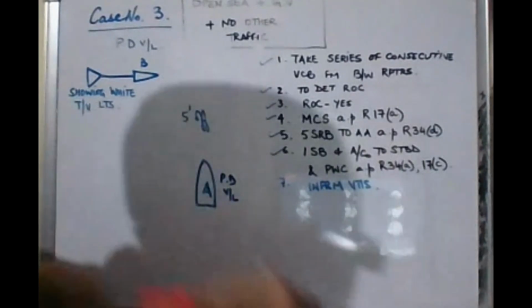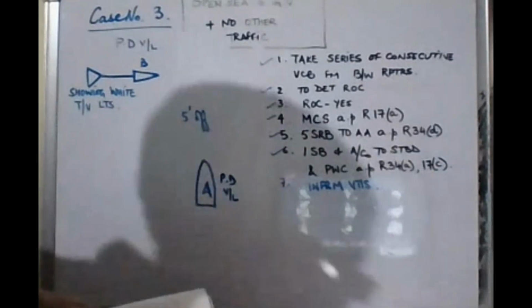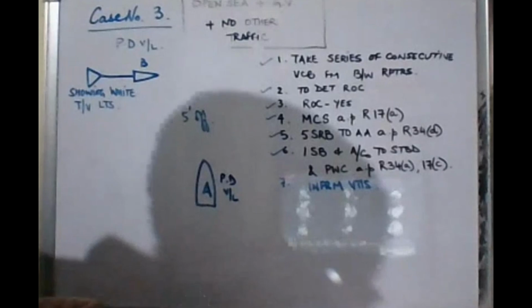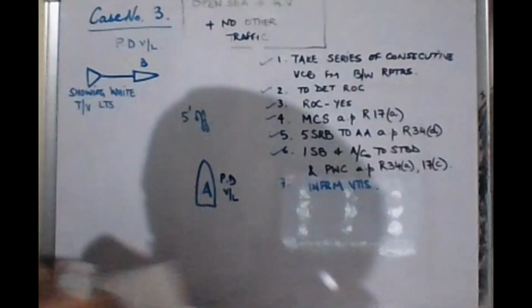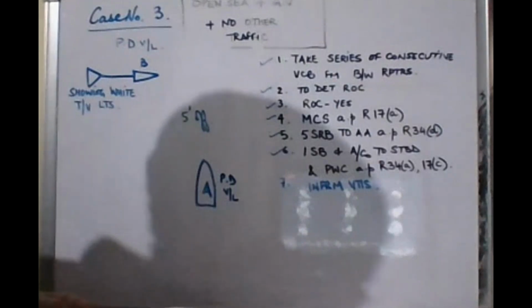Okay. Open up your ROR book and check what are these lights. The masthead lights. Correct. Absolutely right. These are masthead lights.